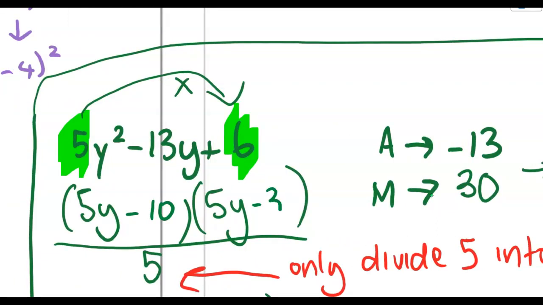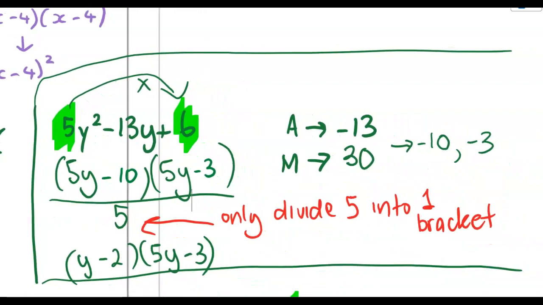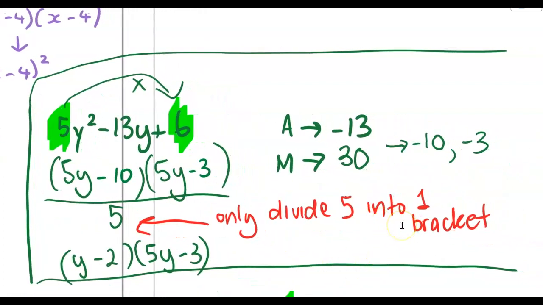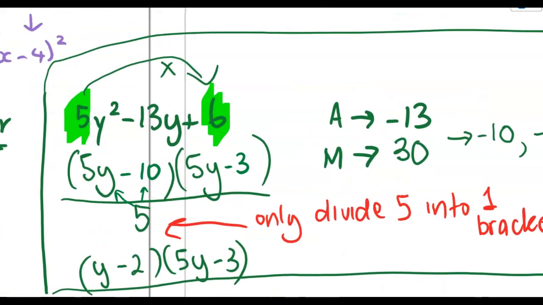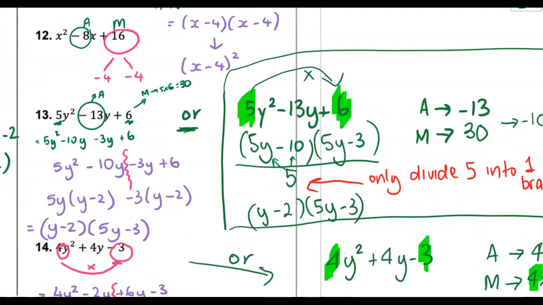Now, we don't like this 5 on the bottom, so we need to divide the 5 away. We need to divide the 5 just into one bracket. 5 won't go into the second bracket because there's a minus 3, but it will divide into the first bracket. So if I divide each of those two terms by the 5, I'd end up with y minus 2 as my first bracket and 5y minus 3, which is the same as what we had over here.